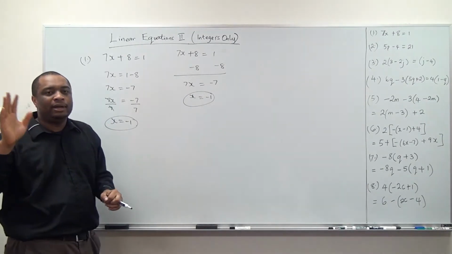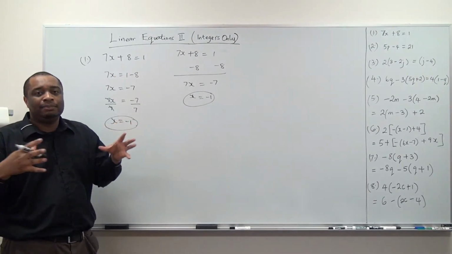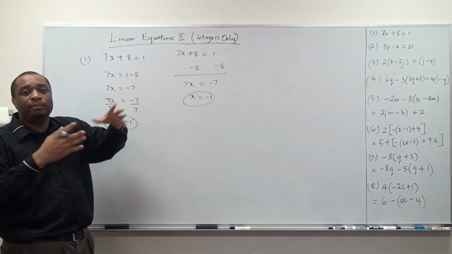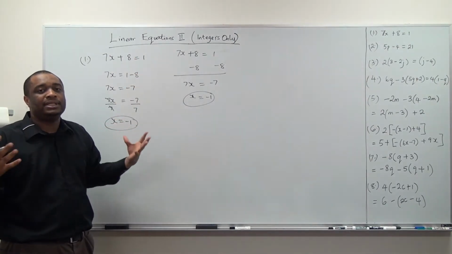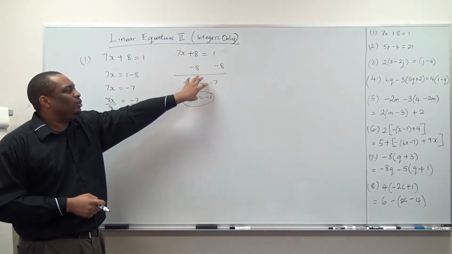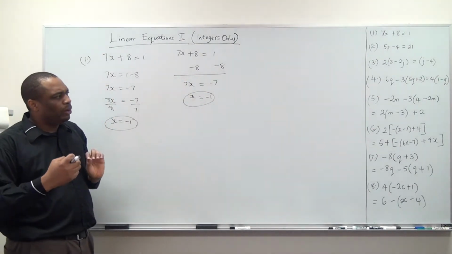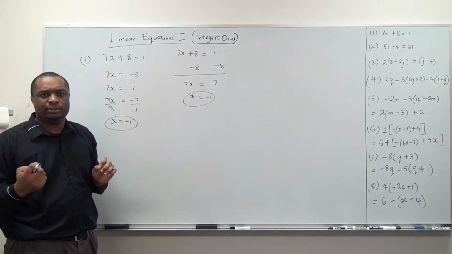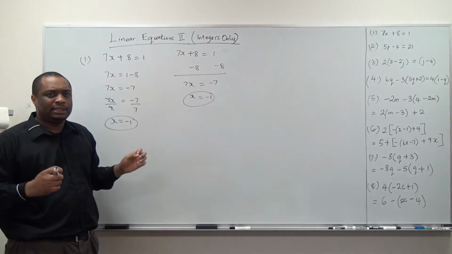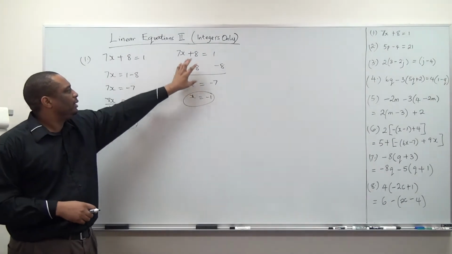When I talk about moving to join the brother or to join the sister, I'm just saying the same thing. If it's a constant, I call both of them brothers, or I call both of them sisters. And I will tell you why I really like to do it this way. When you are solving multi-step equations, or equations with variables on both sides, you keep on subtracting and adding if you follow this step.